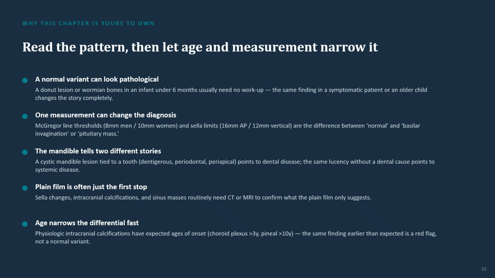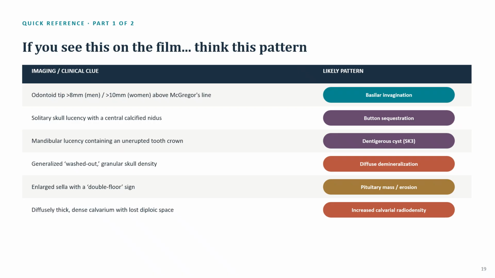Here's our quick review of some of the patterns that we talked about with regards to the skull. Again, we're not trying to memorize any of these diseases, and we're not even trying to diagnose any of them.